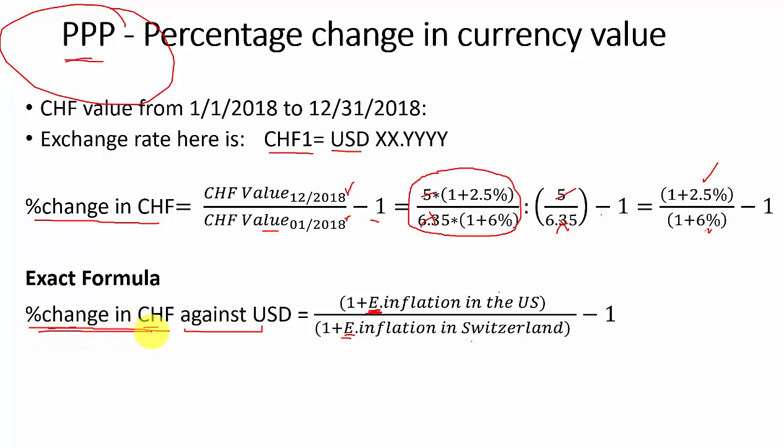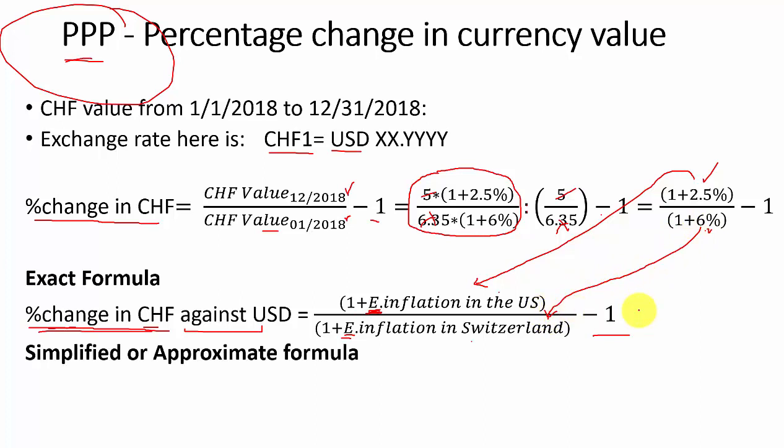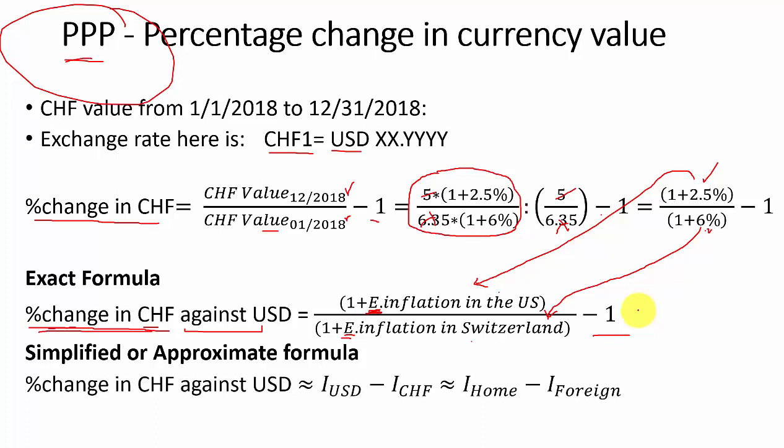Percentage change in Swiss francs equal to 1 plus the expected inflation in the US divided by 1 plus the expected inflation in Switzerland minus 1. Yep. Again, 2.5% here, 6% here. If you simplify it, I mean, we do a little bit of manipulation and the formula looks better.